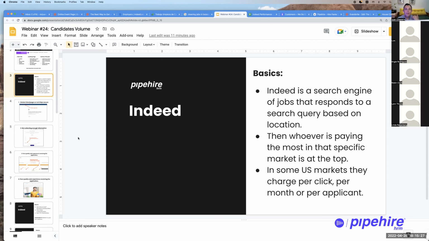But obviously, because Indeed is a search engine just like Google for jobs, they show on top whoever has the most budget and also has the best description and matches the query of the person looking for that job. So those things are the combination of what makes people be on top.